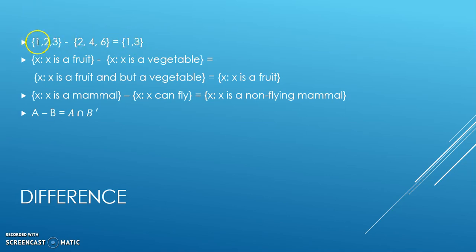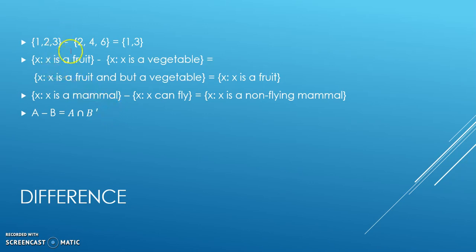The difference is always a subset of the first set, and you're removing the intersection, which is actually what I said right down here at the bottom. It's the things in the first set and not, because of the complement, not the second set. The difference is the things in the first set and not the second set.